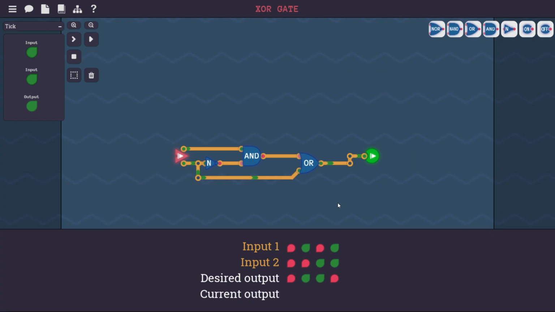Exclusive OR. Okay. Oh, okay. There's something that I learned on how to know how to construct this. Let me see.